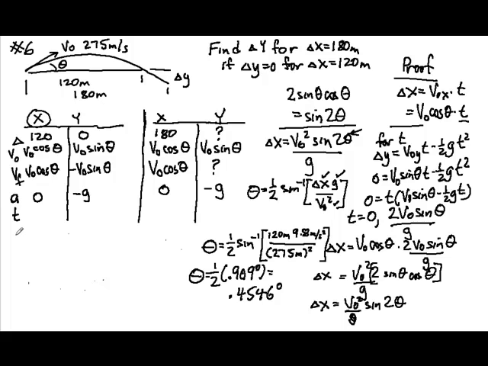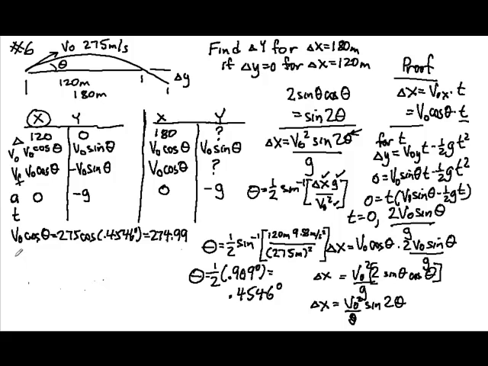Let's compute our values now for the velocity in the x direction. It's v naught cosine theta, which is 275 times the cosine of this very small angle, 0.4546 degrees. I get 274.99 meters per second.